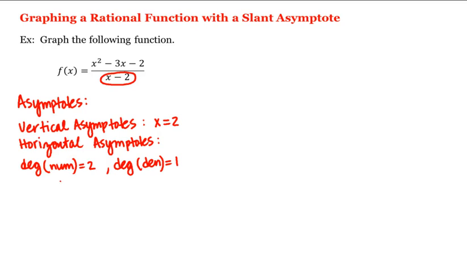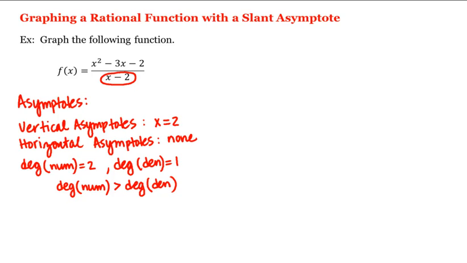And therefore, the degree of the numerator is greater than the degree of the denominator. And therefore, in this case, there is no horizontal asymptote, so there's none here.